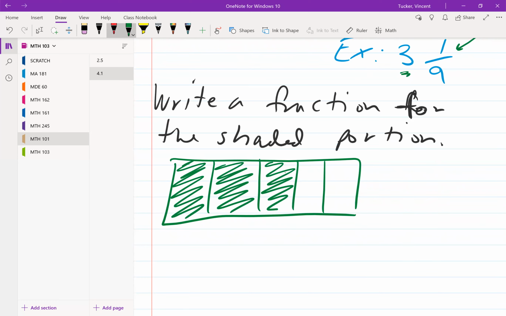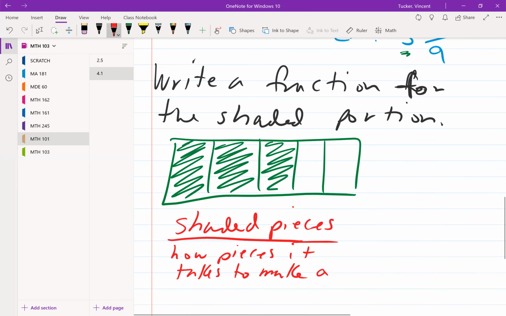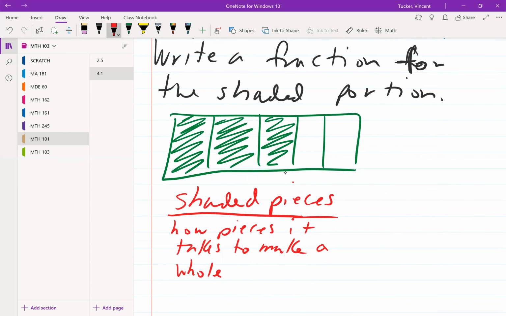The way we go about doing this, when we look at our fraction, the top number will be the shaded pieces. The bottom number is how many pieces it takes to make a whole shape. I know it's a longer statement, but when we go through the example, you'll see what I mean.